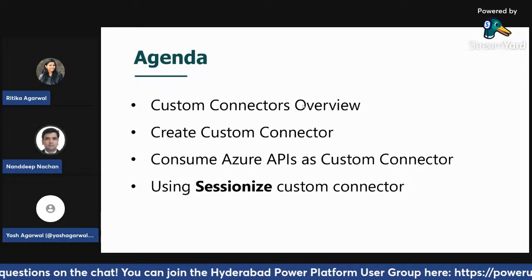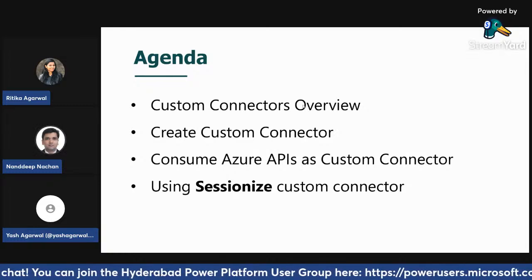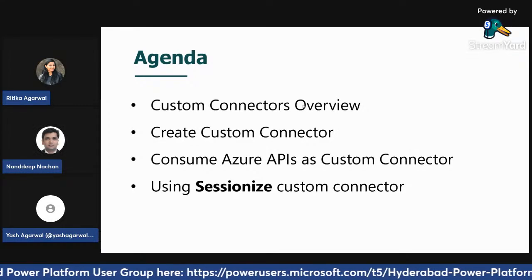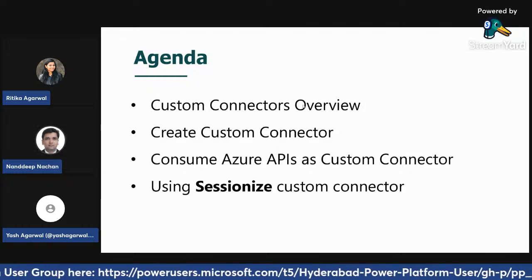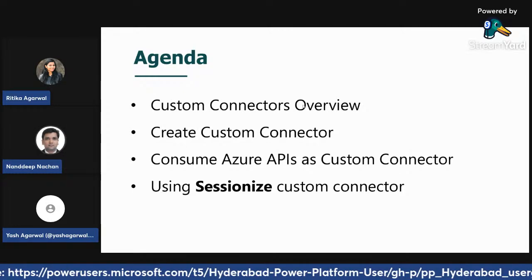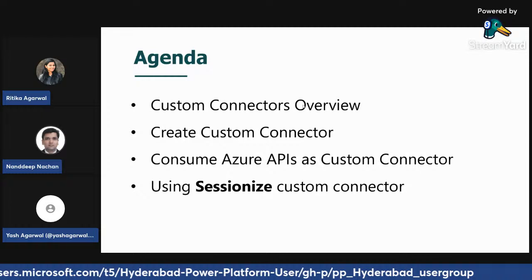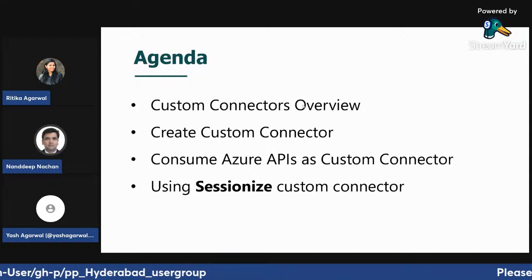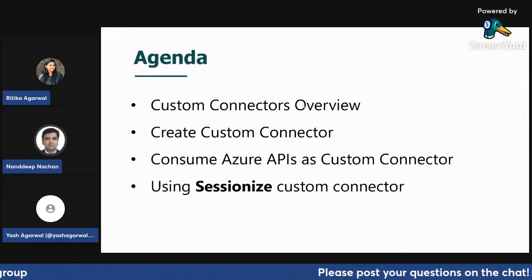If you are from a development background, or you or your organization create your own APIs, and now you want to expose those to the outside world, or within your organization, and use them as functionality inside Power Platform, then using those Azure APIs, we will see how we can build our own custom connectors.